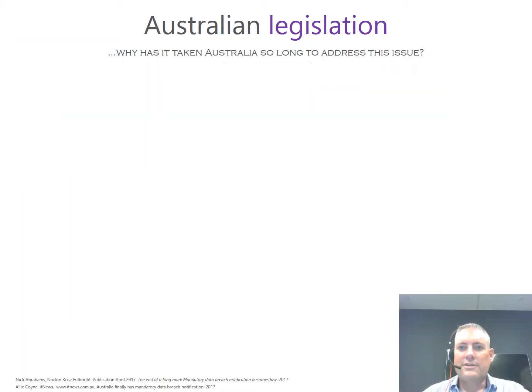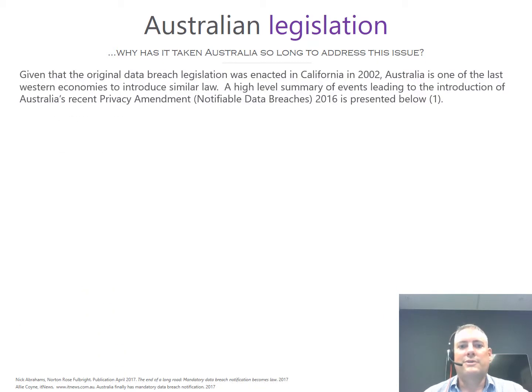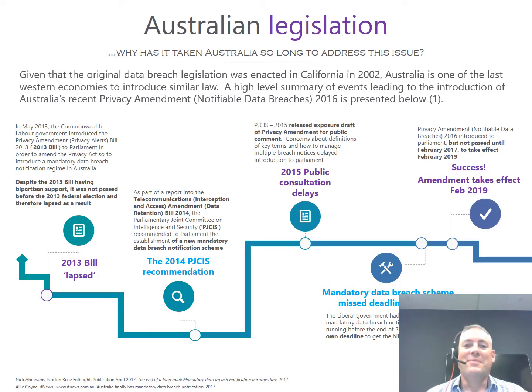So why has it taken Australia so long to address data breaches? Well, essentially, the first legislation, as I mentioned, was enacted in California in 2002. Australia is pretty much one of the last Western economies to introduce a similar law. However, we finally have got some data legislation. A sequence of events is presented below.